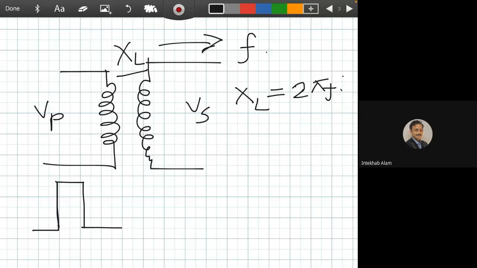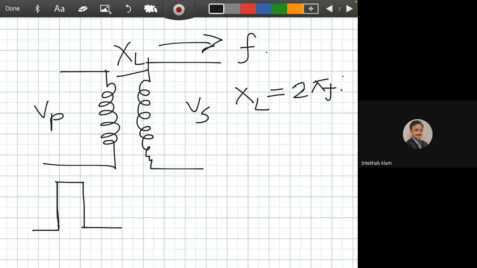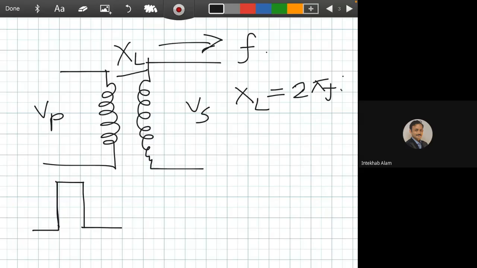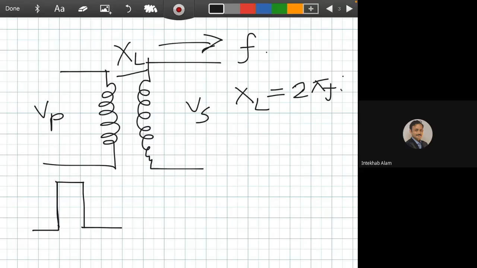XL equals 2 pi FL. Okay, now it's visible.